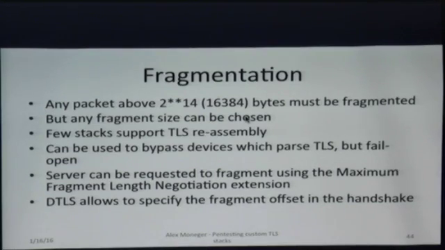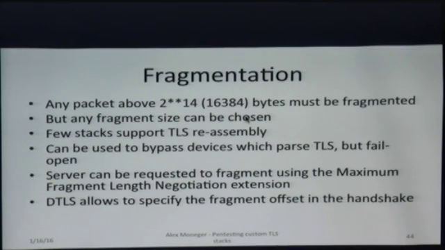So one interesting thing is that from a client you can fragment your stuff, but you can also, to some extent, ask the server to fragment its stuff. There's a small extension called maximum fragment length negotiation, which allows you to say, hey server, I can only read 512 byte packets, so can you fragment them in your response back to me? Meaning that you can also control to some level the fragmentation which is sent back to you.